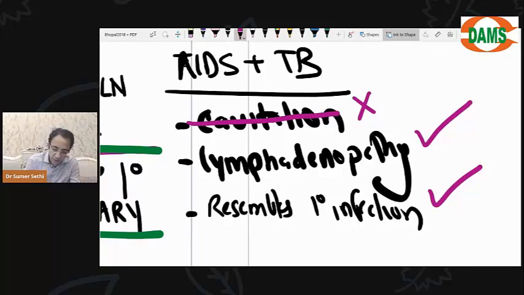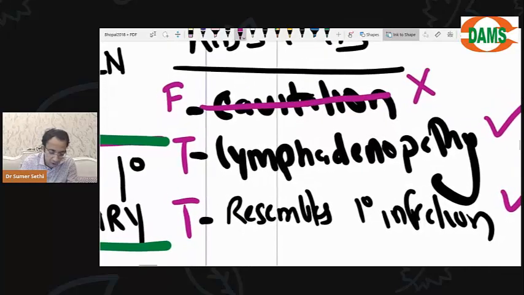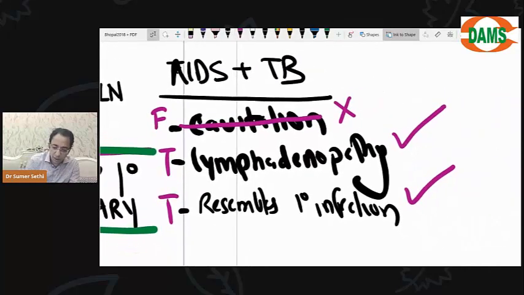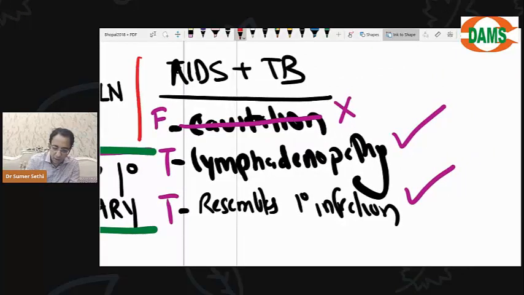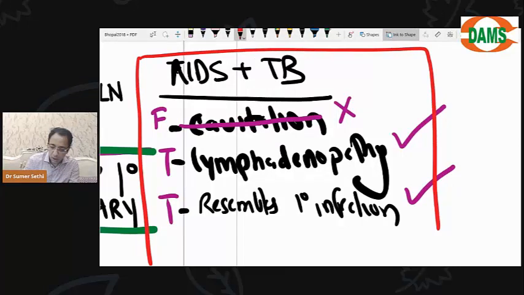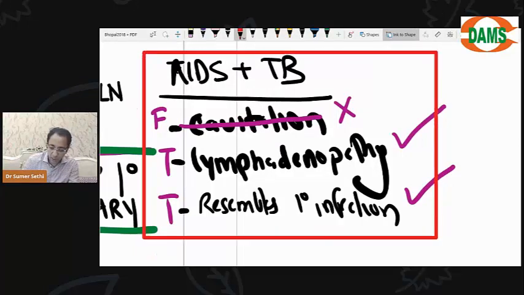So the answer is, this is false, this is true, this is true. Everybody gets it? Very good. Most of you are able to get it right. AIDS patient, if they develop TB, will not have cavitation, but will have lymphadenopathy, will have appearance similar to primary infection.